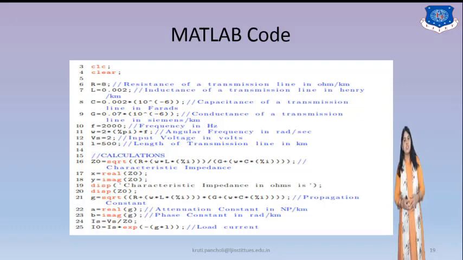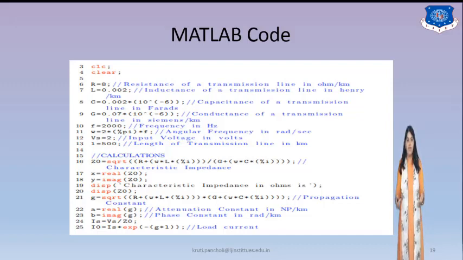Now we have discussed the equation for Z0. We can write that Z0 equation: the square root of R plus j omega L upon G plus j omega C. We need the real values, so we use the command X equal to real of Z0. Then the magnitude value that we need, so we are writing that command.